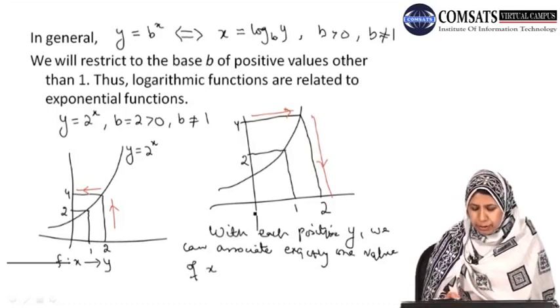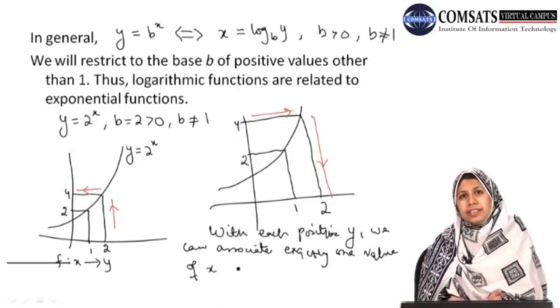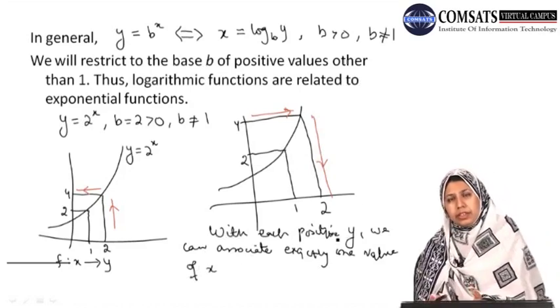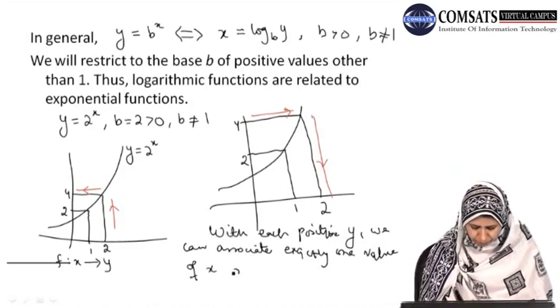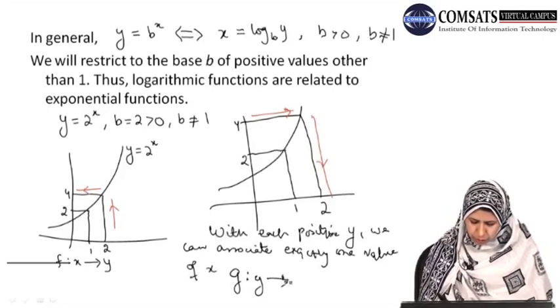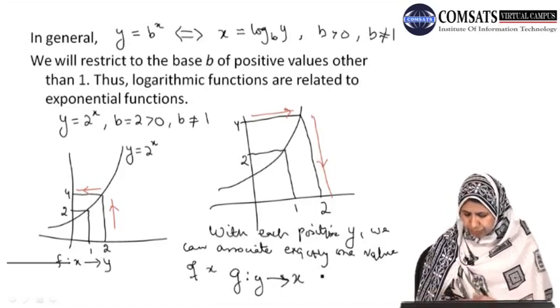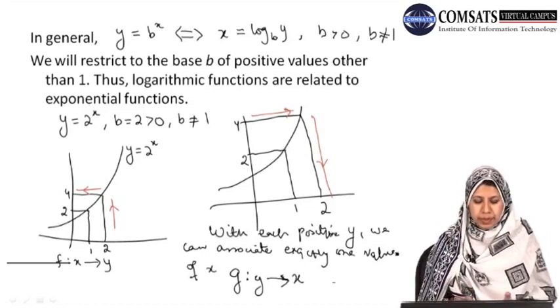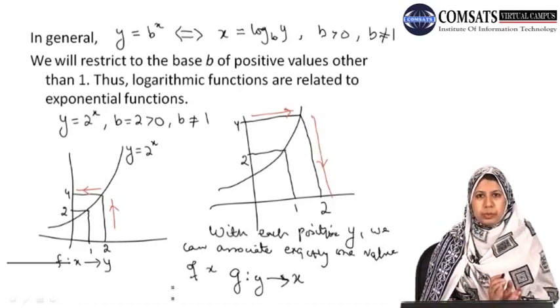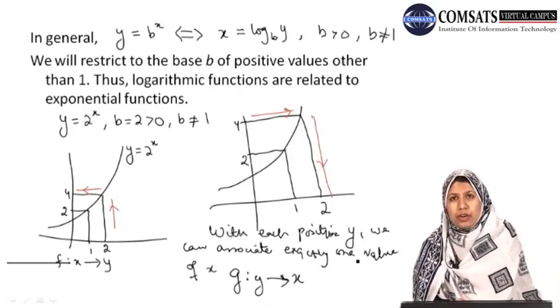That is what is happening if we shift our graph and we consider y as the set of inputs and x as the set of outputs. Then with each positive value of y, we are associating only one value of our output x, which means that our first graph is the graph of the exponential function and the second graph is the graph of our log function.